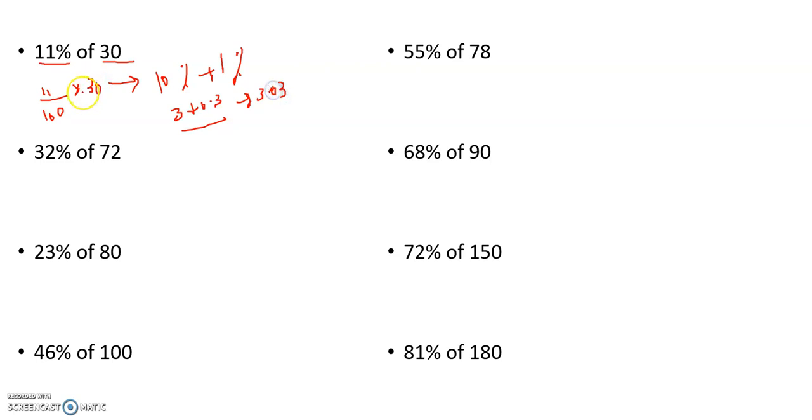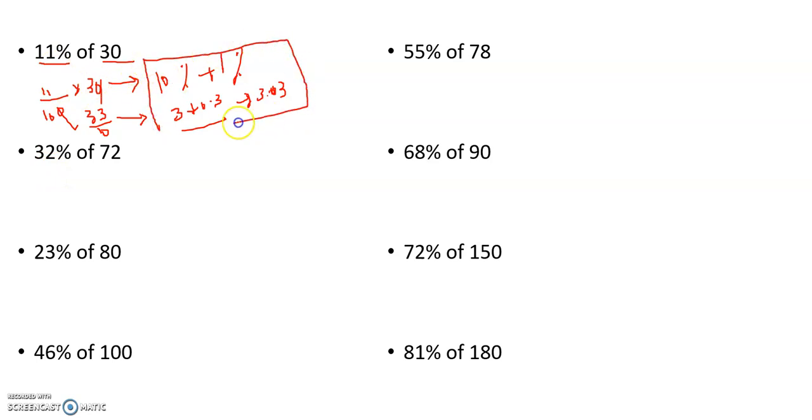If you calculate in the usual process also, 33 by 10, you get the same.